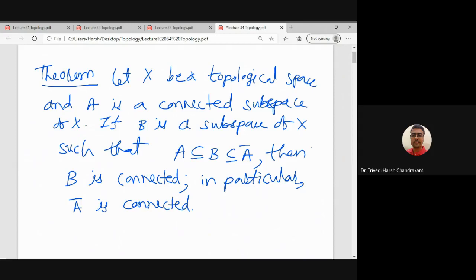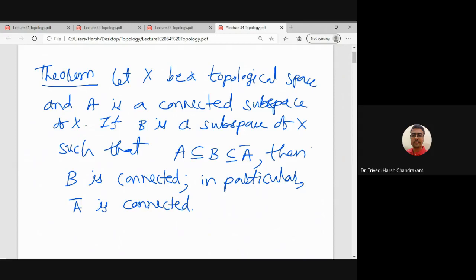So what is A closure? A closure is the union of all the limit points. So basically B has some more points other than A which are limit points of A. So that is exactly the meaning of B being in between A and A closure.